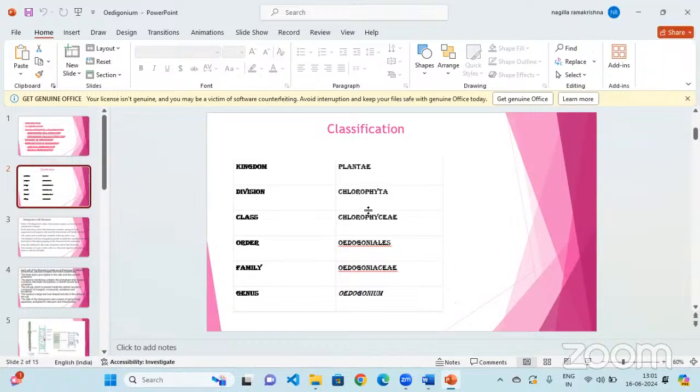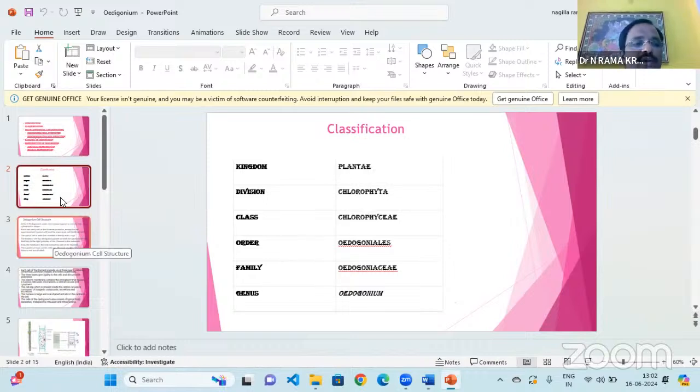Next one, Chlorella, first group. Chlamydomonas. Second one is Volvox, and third one is Chlorella and Scenedesmus. Yes, sir. Okay. Number 2 is Ulva, Enteromorpha.